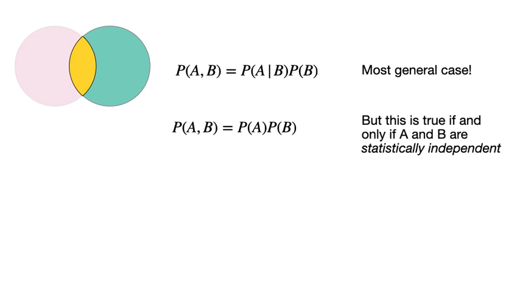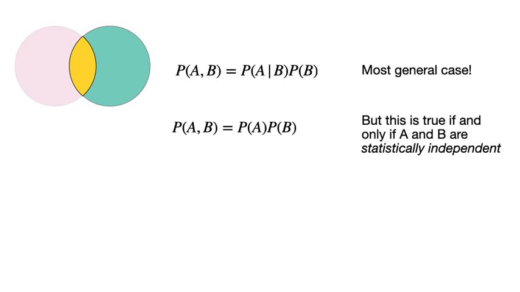The probability of A given B is conditional. It means that the chance of A occurring is affected by B occurring.